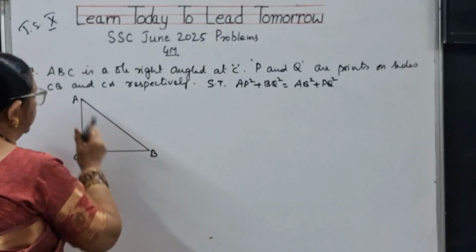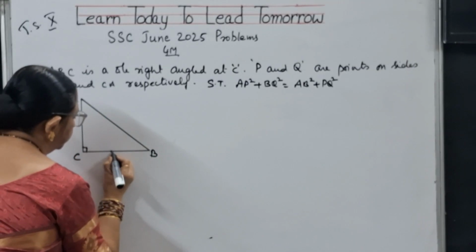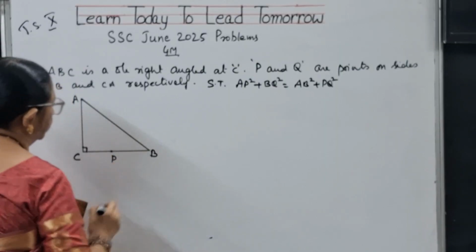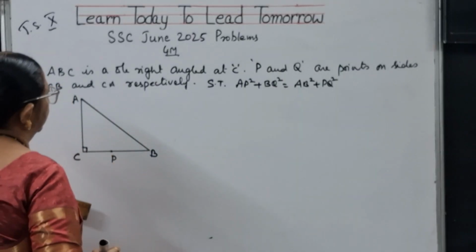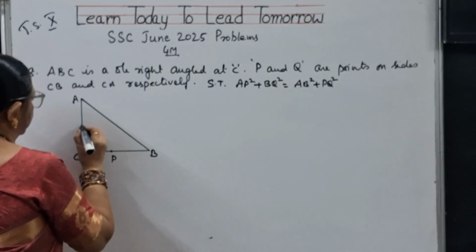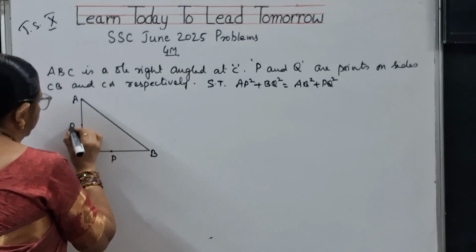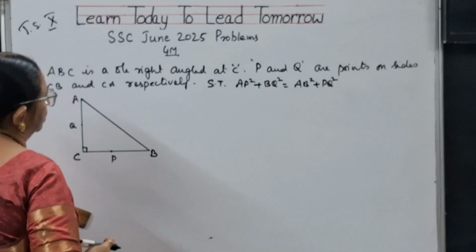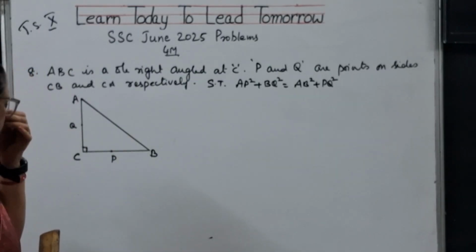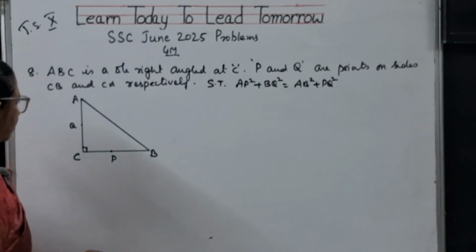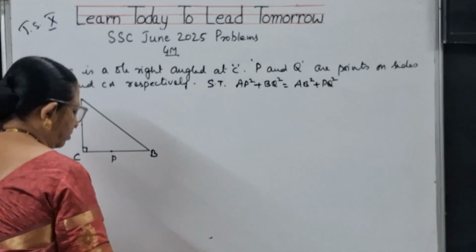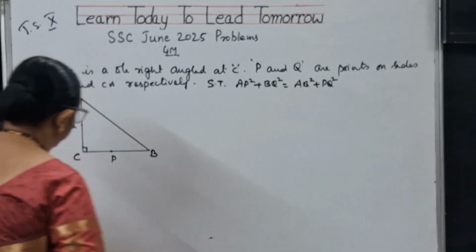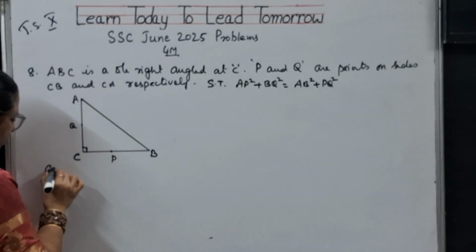That means point P is on CB and Q is on CA. Now we need to prove that AP square plus BQ square is equal to AB square plus PQ square. So what is given to us?